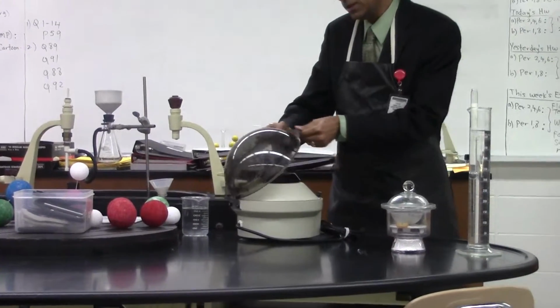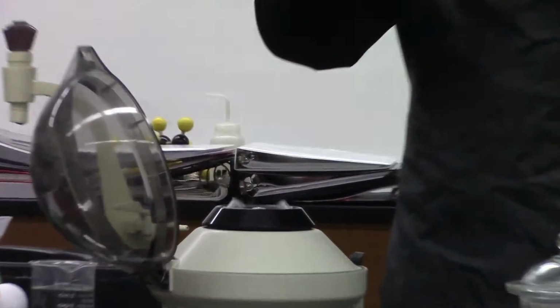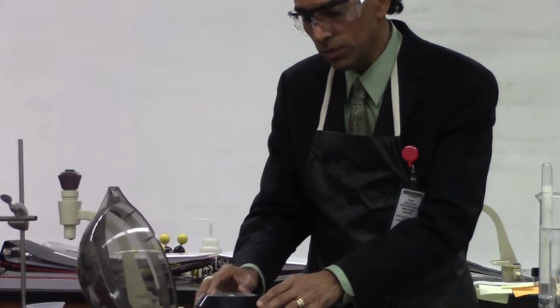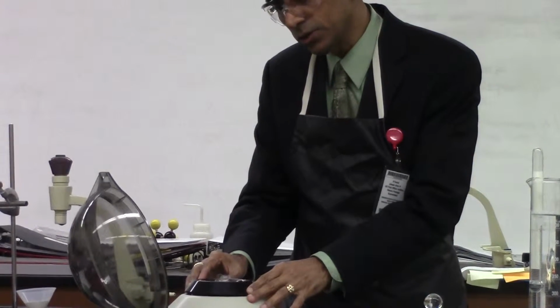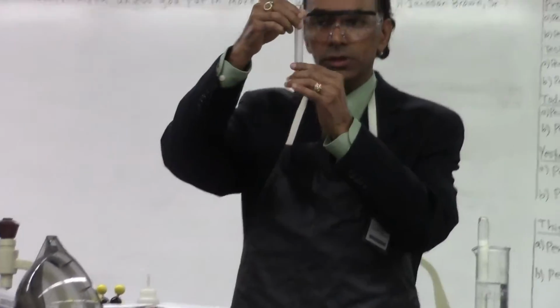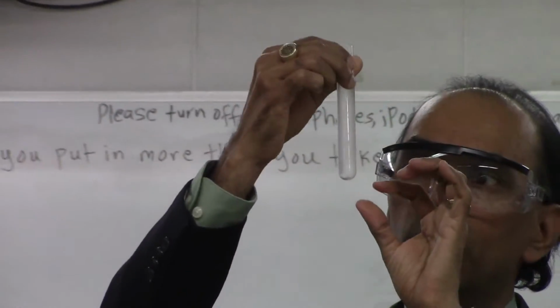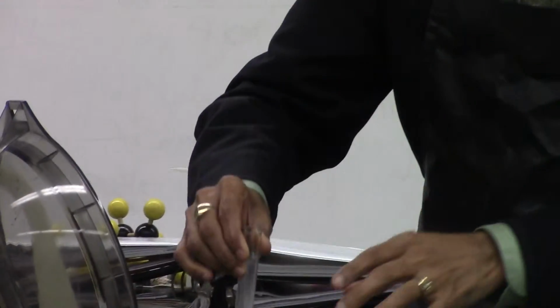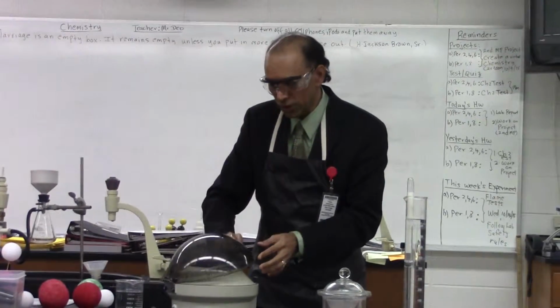Sometimes the solid actually falls to the bottom of the test tube on the first try, or sometimes you have to keep doing it. So it takes a little more spinning for the solid to fall to the bottom, and that's showing you the use of the centrifuge.